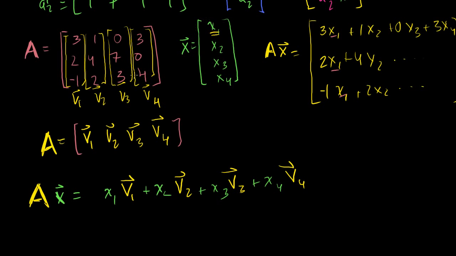And obviously, if we had n terms here, we'd have to have n vectors here. We could just make this more general to n.